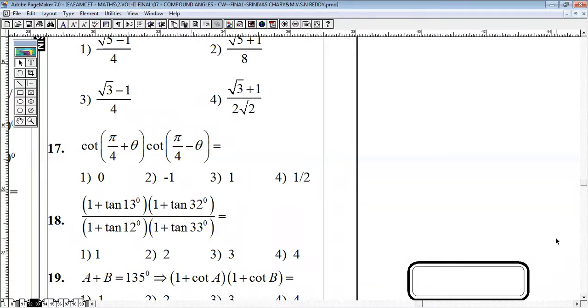Observe this: 1 plus tan 13 degree into 1 plus tan 32 degree upon 1 plus tan 12 degree into 1 plus tan 33 degree. Answer is 1. Good.